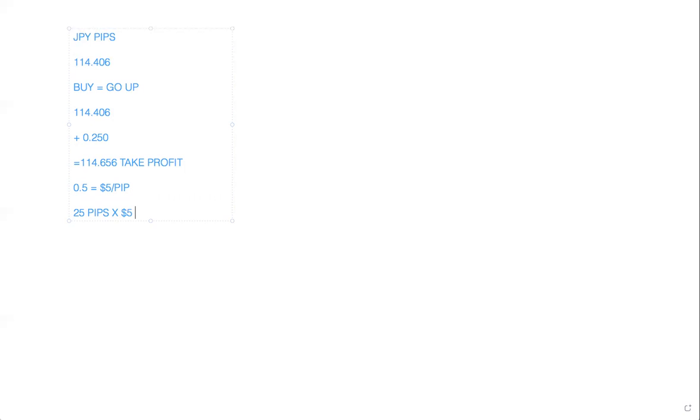So you would have made $125 on this trade. And again, the same thing in reverse. If you would have lost 25 pips on this trade, let's say your stop loss was 25 pips and it hit your stop loss, you would have lost $5 per pip if 0.5 was your lot size. So you would be negative $125.